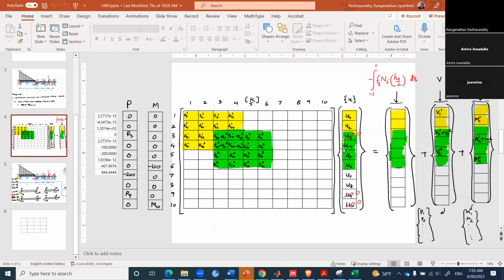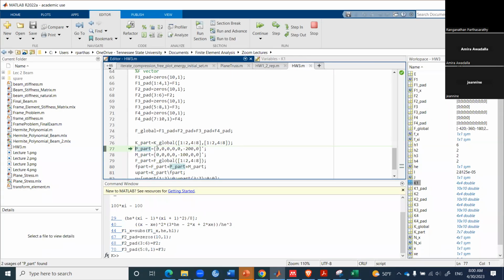So you know that U3 is 0, U9 and U10 are 0, right? Yes. So you only have U1, U2, U4, U5, U6, U7, U8, right? Okay, so this is for 1 to 2 and 4 to 8. 1, 2, 4, 5, 6, 7, 8, right? So your partition matrix is extracting that out of the global stiffness matrix.